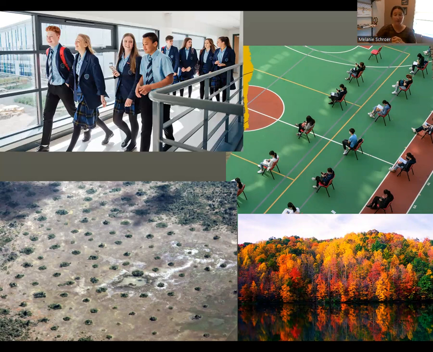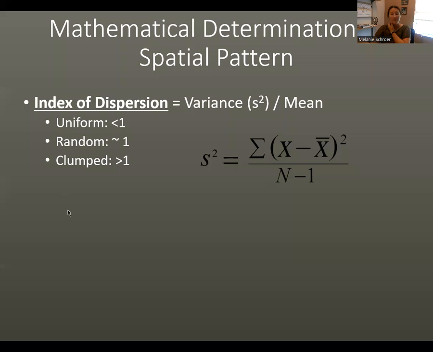Okay, so again, we can talk about the spatial pattern within the larger distribution of the organism. And that does, of course, tell us a lot about the organism. Now, sometimes determining whether something is uniform or clumped or random can be a little bit challenging. And so we have some math to help us decide or determine which type of spatial pattern is exhibited.